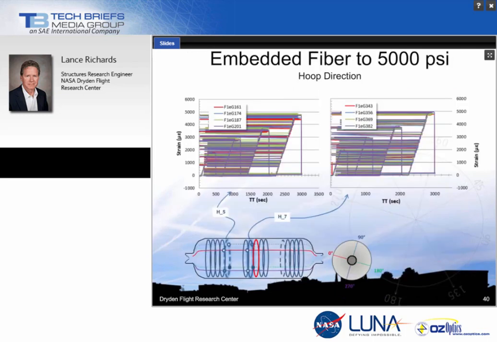And just some results, actually these aren't preliminary results. These are results that came as a result of the first level of testing. It looks like something got a little messed up here on our actual data, but what I'm showing is a schematic on the lower left, the red line there. In this bottle we had sensors that were embedded in the hoop direction, or the circumferential direction, from 0 to 360.